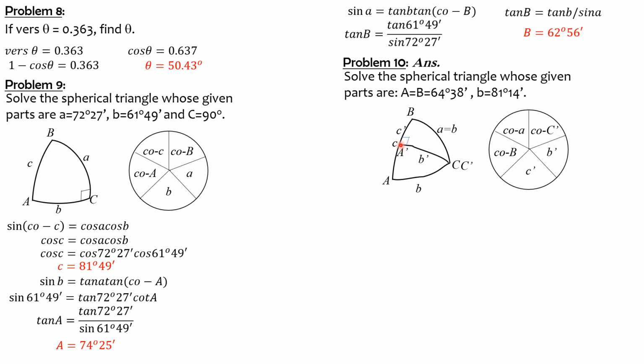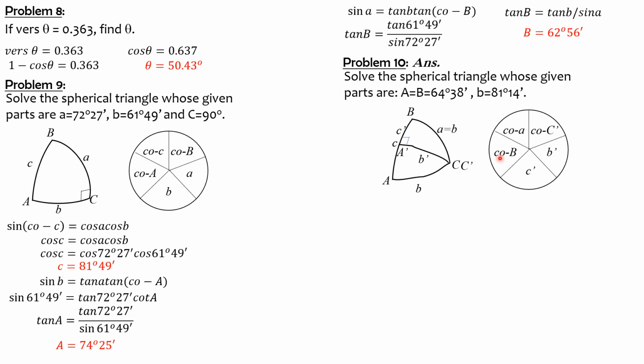Opposite to angle A prime would be C prime A, which is equal to B, and angle B. So that's why we replace them by their complement. So beginning with C prime, next is B prime, next is complement of C prime, next is complement of A or complement of B, then lastly complement of angle B. Then we apply the rules.